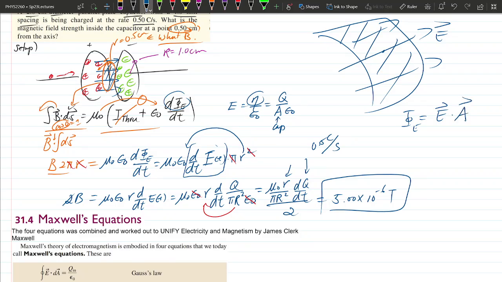What happened is that I modified this to the electric field times the area of the little Amperian orange circle in the middle. That's the amount of flux going through this little area, so that's where that went.